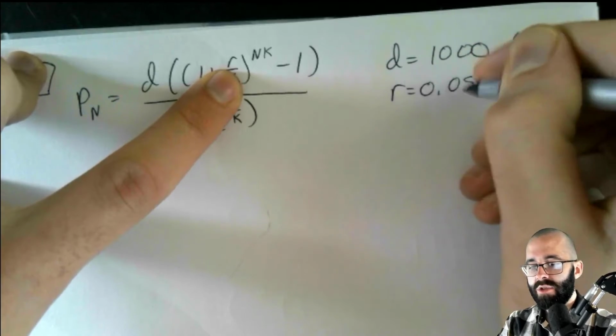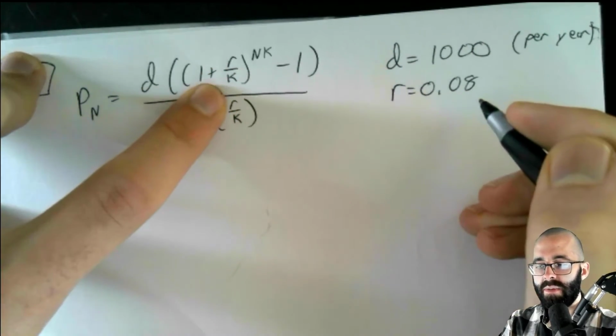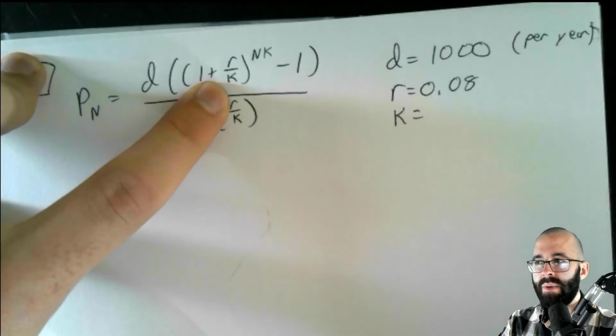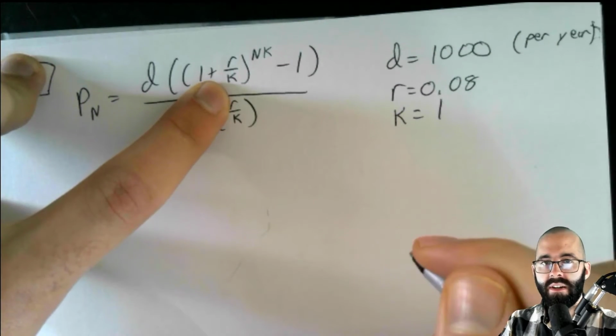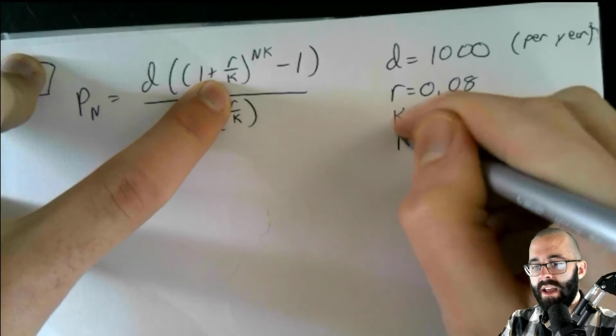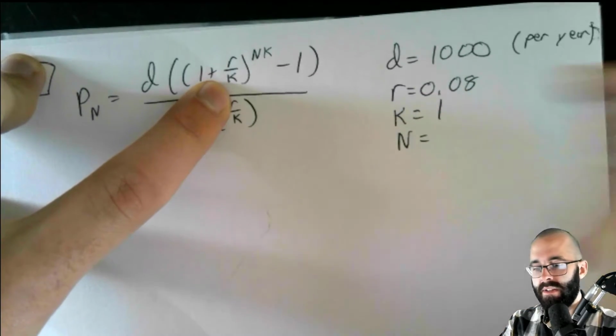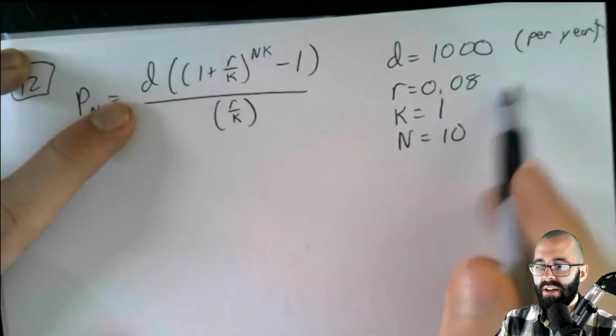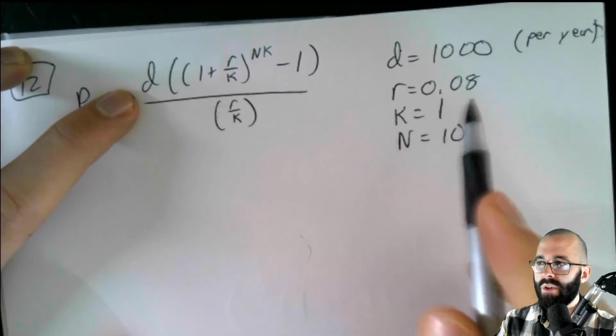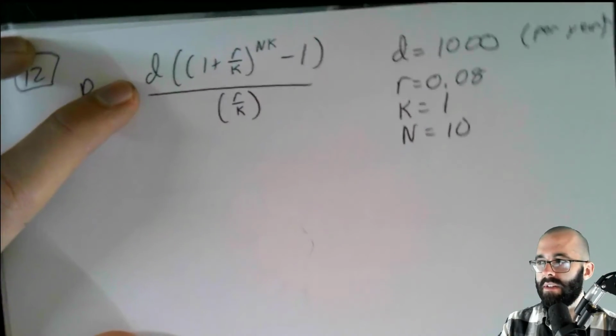We have an 8% interest rate, which is 0.08 as a decimal. K is how many times it's compounding. Annually, once a year. And N is how many years. Part A wants us to do 10 years. So we're just replacing all of these letters with their corresponding numbers.